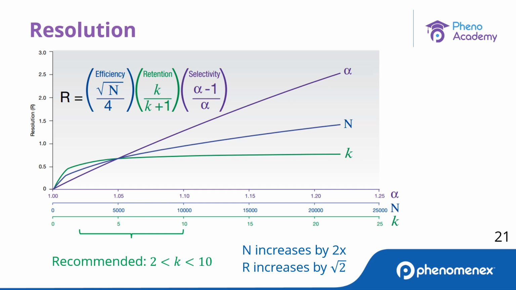And lastly, you can see by the Purnell equation and by the graph that you need at least a little of each of the three factors in order to be able to resolve two peaks from each other. If any of these three factors is 0, then resolution is also 0.